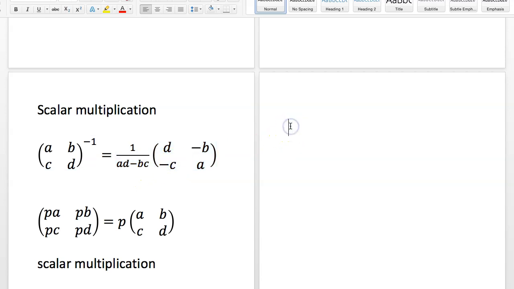You've got to find the inverse of the 3D guy the hard way. Everything I said about identities, 99.99999% of what's true for 2D is true for 3D, but I can't use my 1 over AD minus BC guy anymore. I can find the inverse, and I must, but I've got to do it the old-fashioned hard way. It's the way I could have done for 2D.